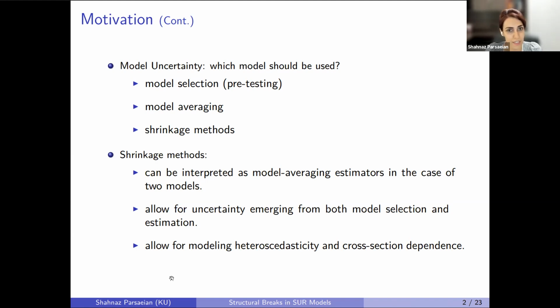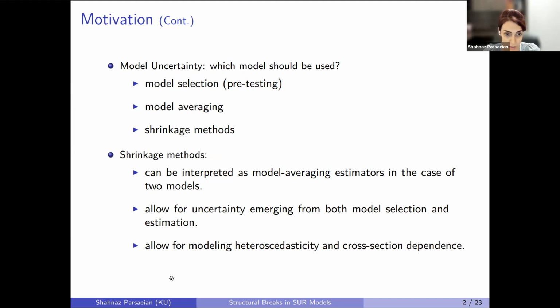The way that we can deal with this uncertainty is either model selection, which is known as pre-testing, where we do a test and, based on the result of the test, choose which estimator to use. Another way is model averaging, where we take an average over a series of models.